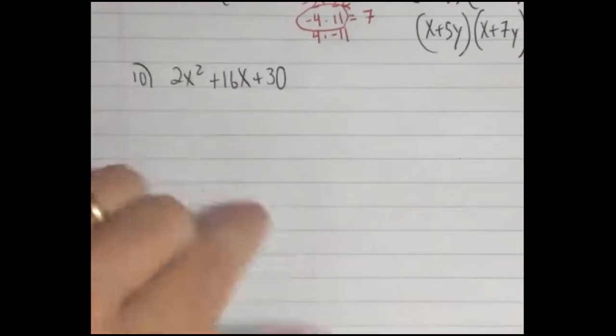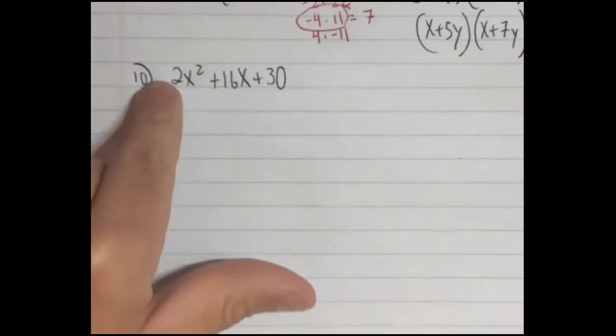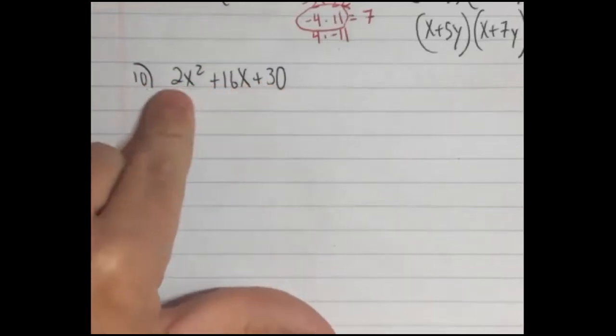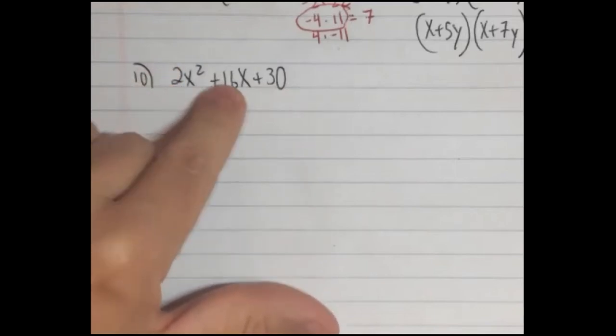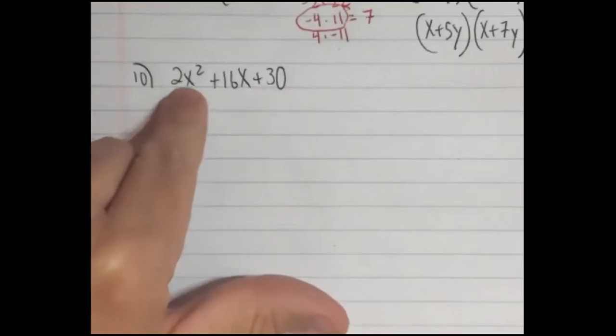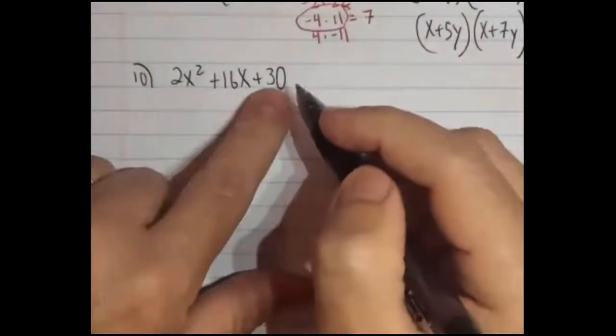In all the examples we've done prior, you didn't have to factor out a GCF because there wasn't a number in front of the x squared. But if you notice in this problem, I have a 2 in front of it, and all these are even numbers. So what that tells me is I've got to factor out my GCF before I can factor that trinomial. In other words, what's the GCF of 2, 16, and 30?